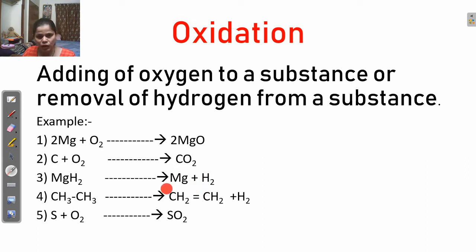So removal of hydrogen is oxidation. In the definition I read, adding of oxygen and removal of hydrogen is called oxidation. Understand, students? You can see it in these two examples also. So adding of oxygen and removal of hydrogen or removal of electrons is known as oxidation.